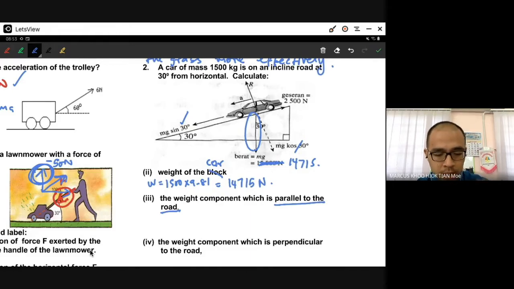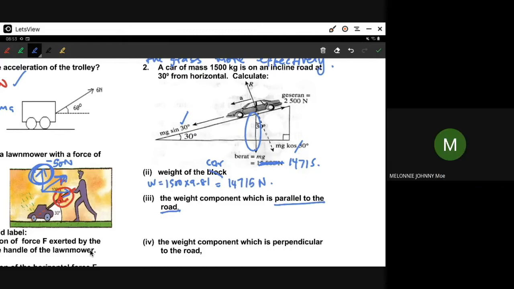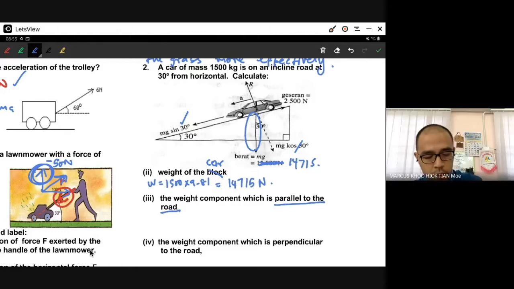Melanie, you're going to answer this whole question, so you might as well just answer. mg sine 30. So we want to find the Wx, the horizontal component, so W sine 30.